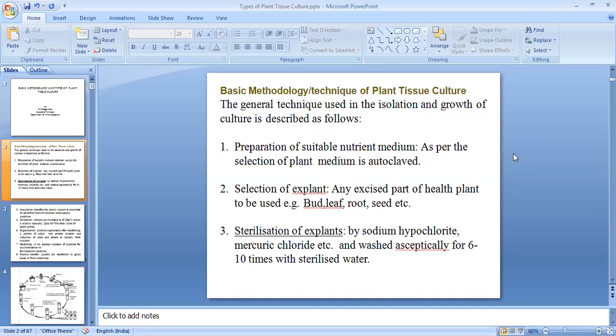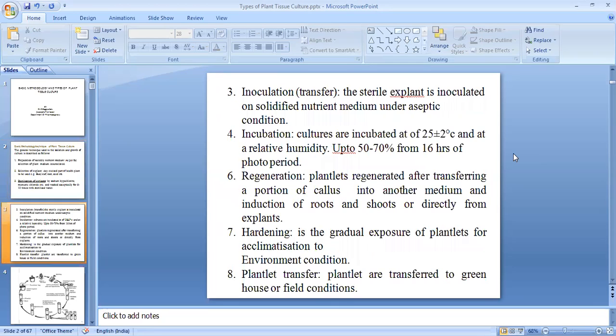So already regarding this also we have seen the various sterilizing agents you are going to use, and again I'll tell you here, you can use sodium hypochlorite or mercury chloride in the appropriate concentrations, and it is washed aseptically 6 to 10 times with sterilized water after sterilizing with the sterilizing agents.